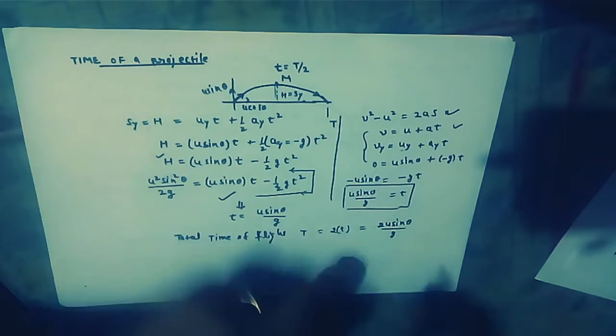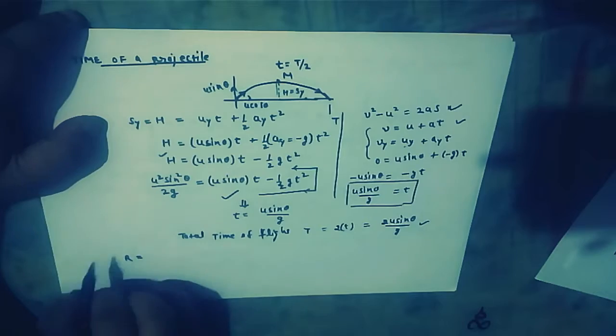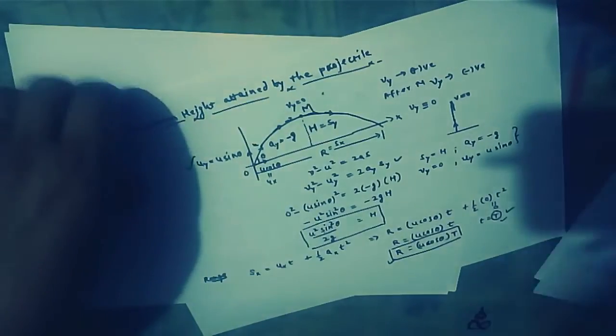Okay, so by using this formula, we can find the value of range, which we already have calculated. So this range would be u cos theta into T. So you can put this value here.